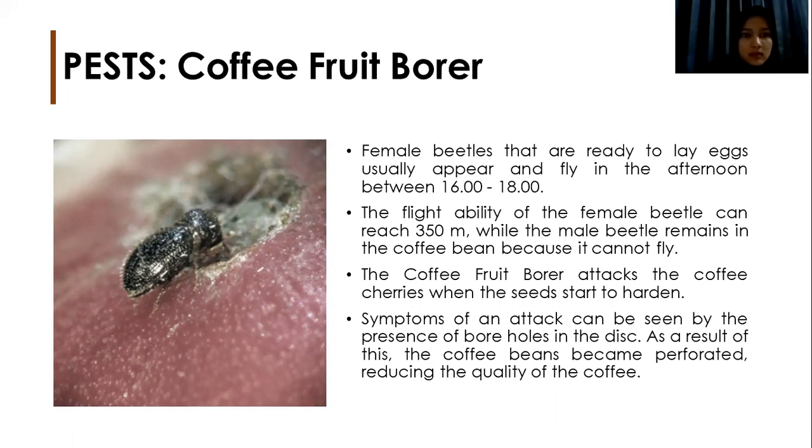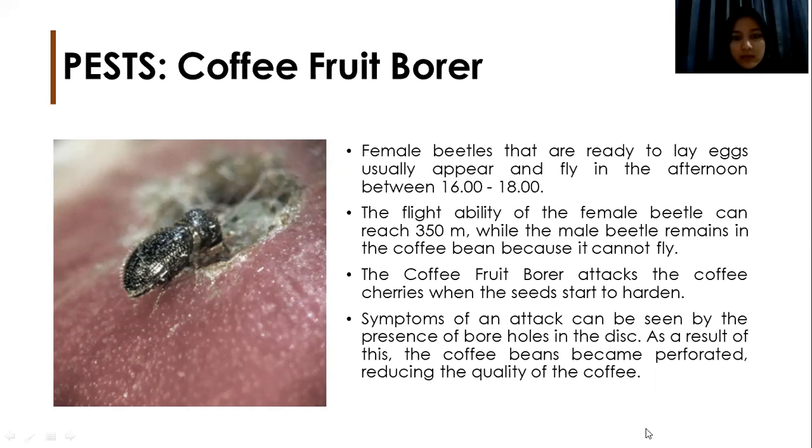And then this is the coffee fruit borer. Female beetles that are ready to lay eggs usually appear and fly in the afternoon between 4 and 8 p.m. The flight ability of the female beetle can reach 350 meters, while the male beetles remain in the coffee bean because they cannot fly.